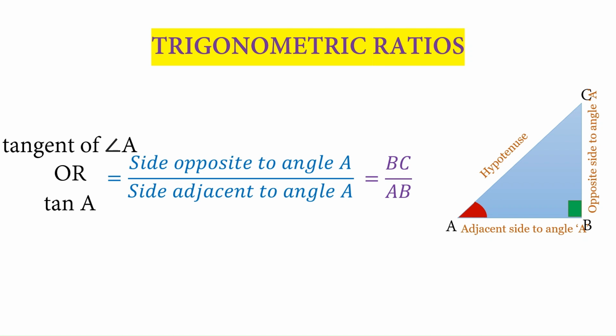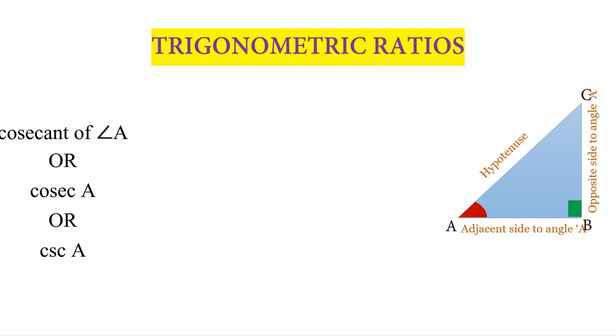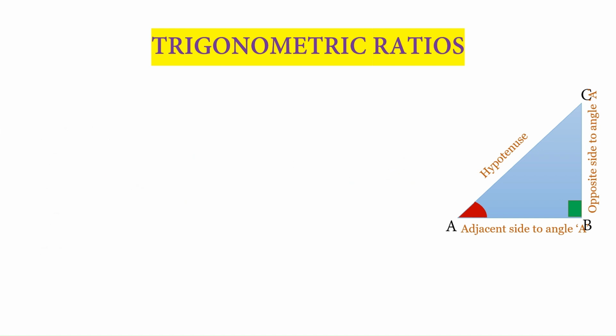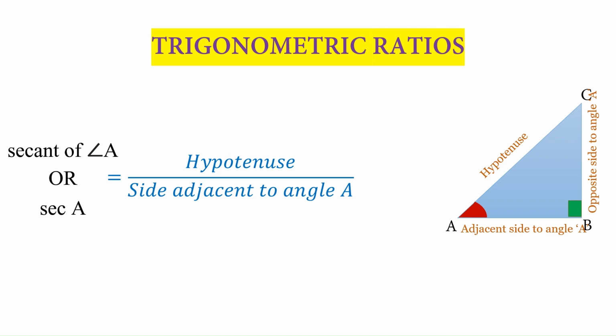Along with this, the three other ratios are cosecant A, or cosec A, or csc A. So these are the two different ways of writing cosecant A. It is equal to hypotenuse upon opposite, meaning AC upon BC. Next is the secant of angle A or sec A. This is equal to hypotenuse upon adjacent, meaning AC upon AB here.